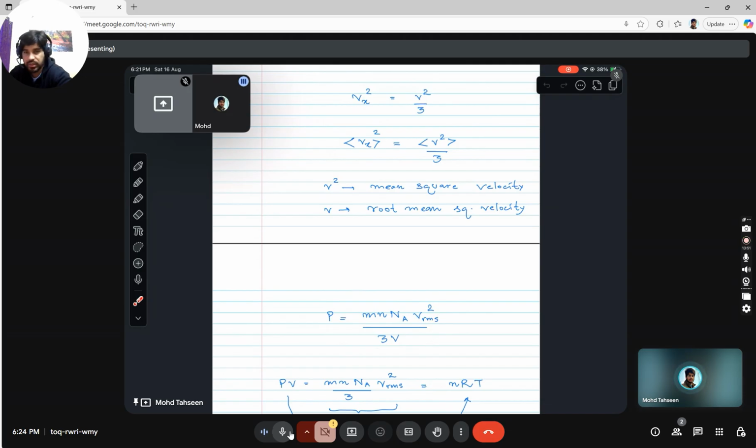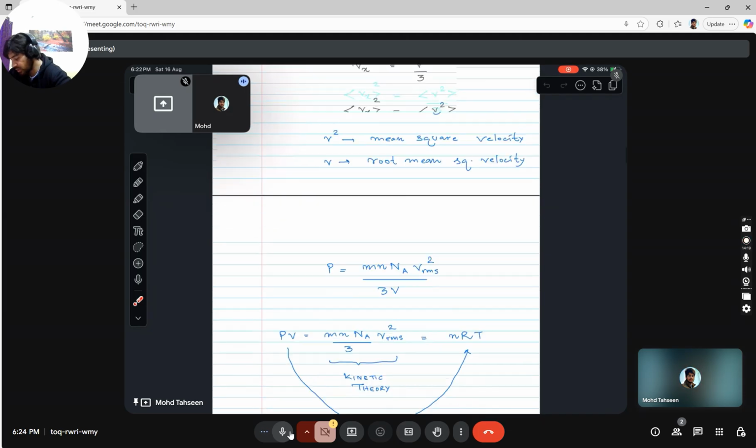We assume that the averaged velocities are the same in all directions, because the motion of particles is random in this volume. So there is equal statistical average if we take all the velocities in the 3 directions, they come out to be equal.